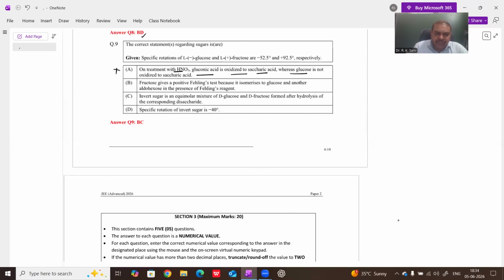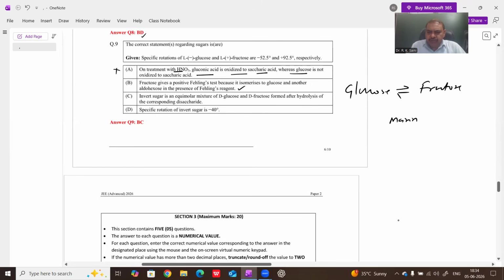Second statement, fructose gives positive Fehling test because isomeric glucose and another aldose are present in Fehling solution. We know that Fehling solution is an alkaline solution of cupric ion with tartrate ion, and hence in alkaline solution glucose, fructose and mannose exist in equilibrium state.